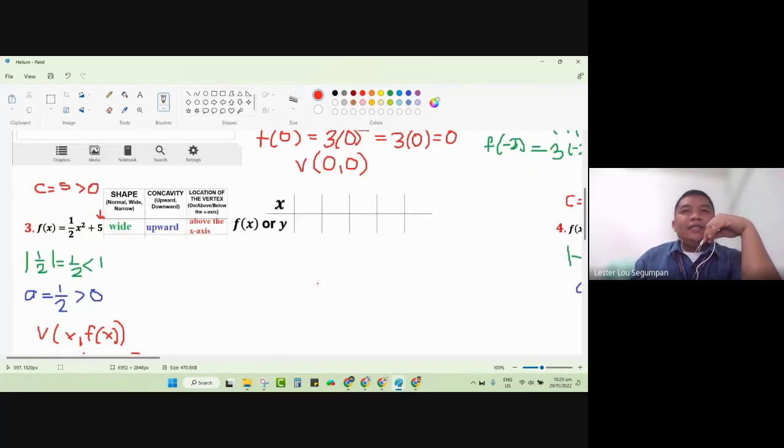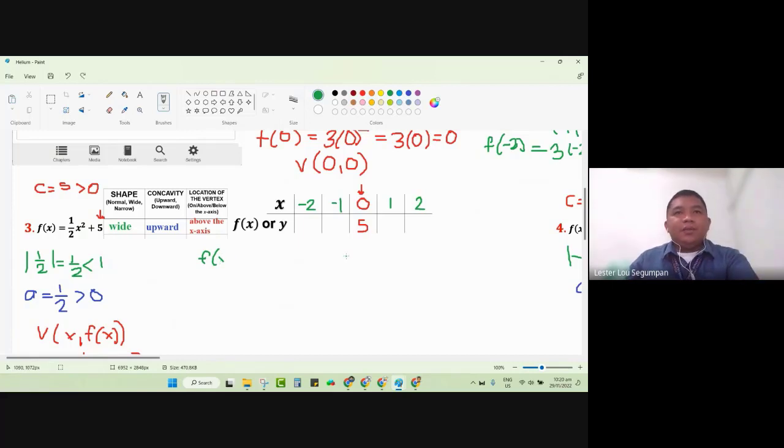So we place this here in the middle, 0 and 5. And look for additional points or values of x. So we will have 1, 2, negative 1, and negative 2 here. And let's substitute to our given, which is f of x.